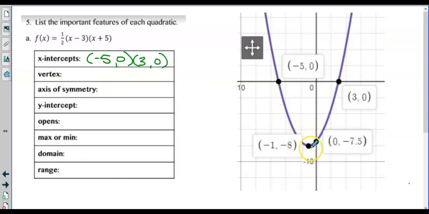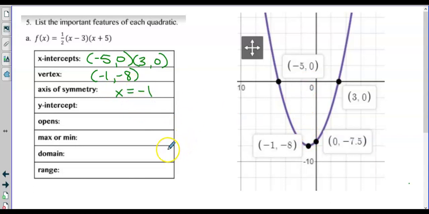The vertex is at negative 1, negative 8. The axis of symmetry is right here. This is counting by 2s. Okay, so that's 2, 4, 5. So this is at x equals negative 1.